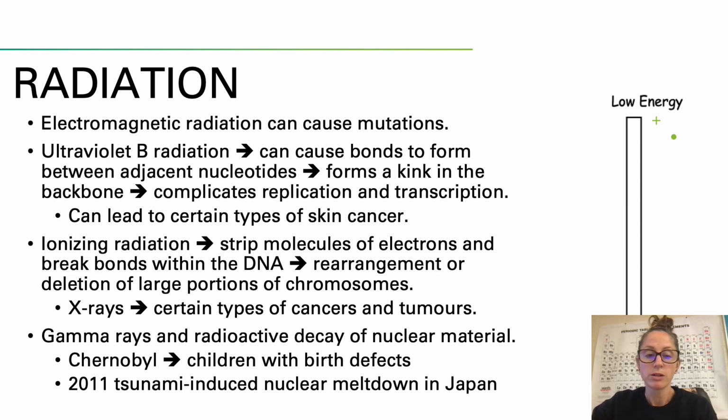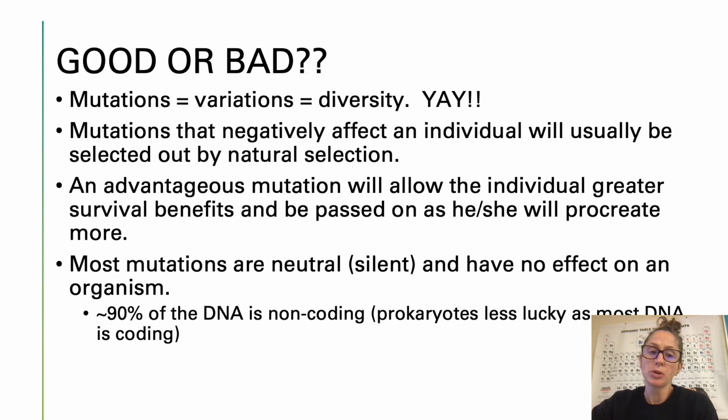Okay, so good or bad? Mutations, hopefully you learned last year a little bit how they are good. They create variations and diversity, which is awesome in itself. If we were all the same, we'd be boring. Mutations that negatively affect an individual will usually be selected out by natural selection.